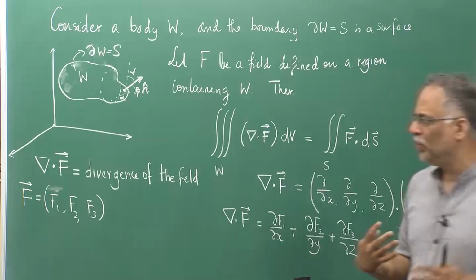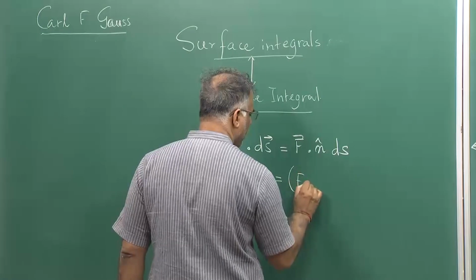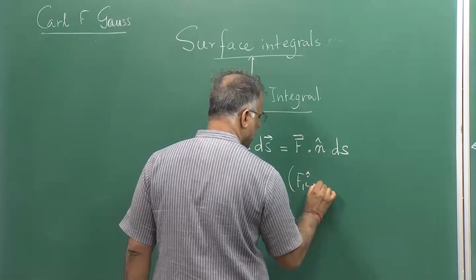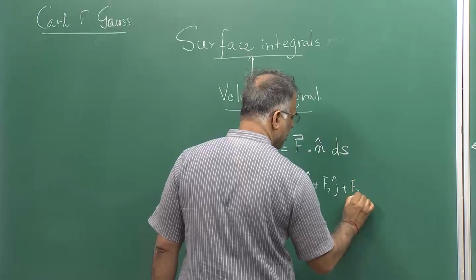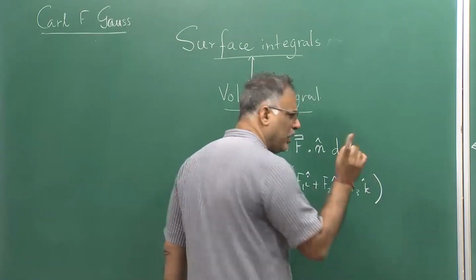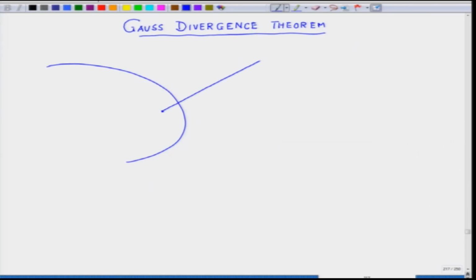But n hat can be written component wise. If f is f1 i vector plus f2 j vector plus f3 k vector, consider the coordinates of the tip of n. Here is a surface, here is my n, and by my imagination I can bring the x axis, y axis and z axis.